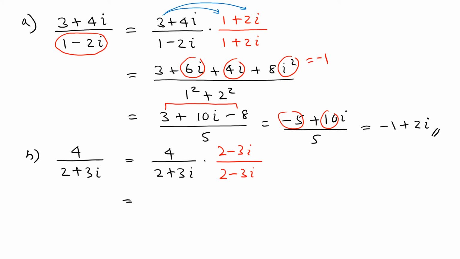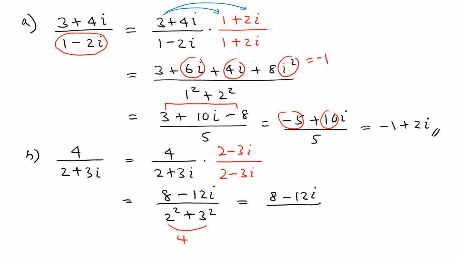For the top, you can see it is 4 times 2, 8, minus 12i. The bottom is 2 squared plus 3 squared, so 2 squared means 4, 3 squared means 9. So this is 4 plus 9, which is 13.